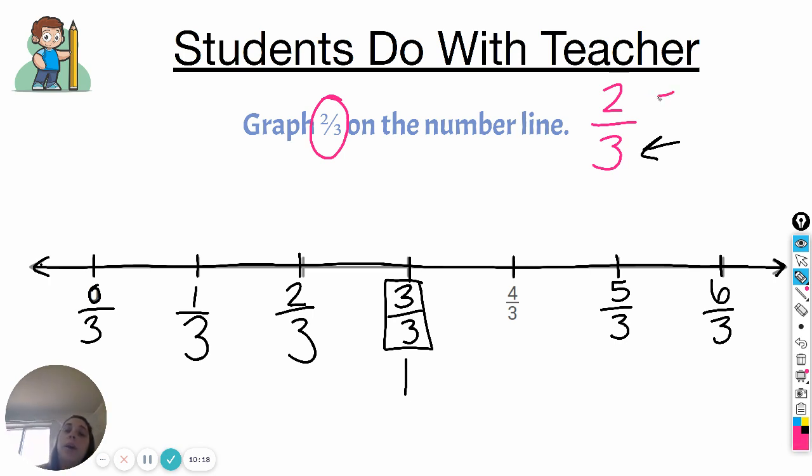We just need to graph 2/3. So we're looking at the 2 on the top, which means we need to make 2 jumps and plot our point. I'm going to give you just a moment to plot a point at 2/3.